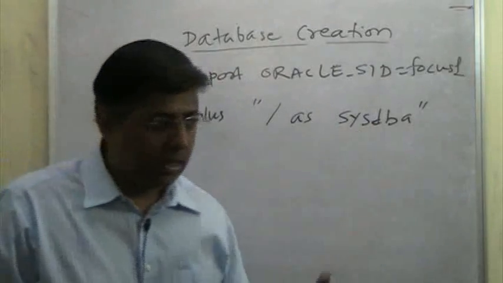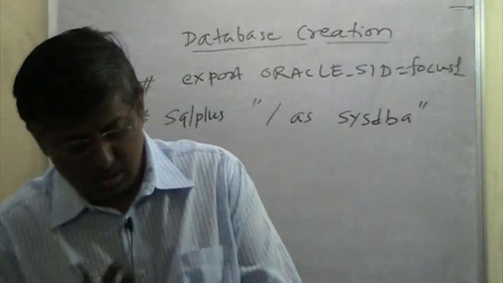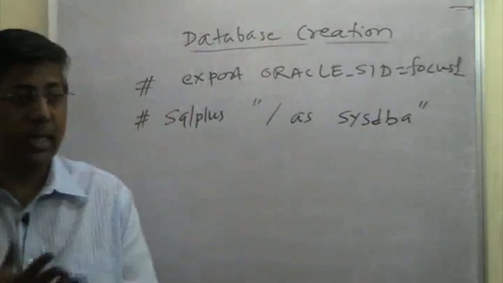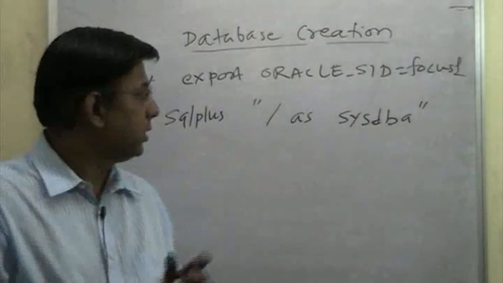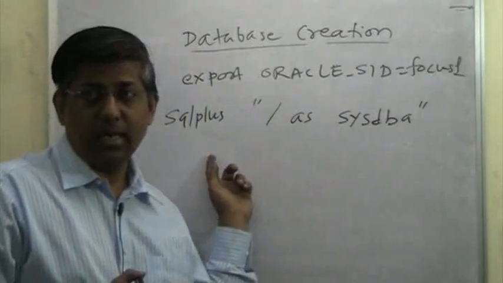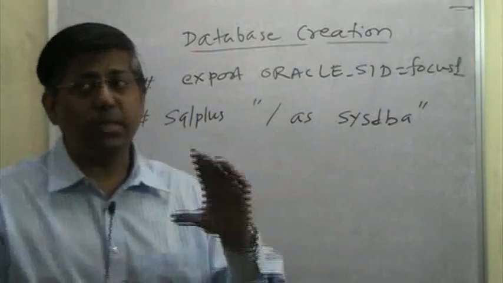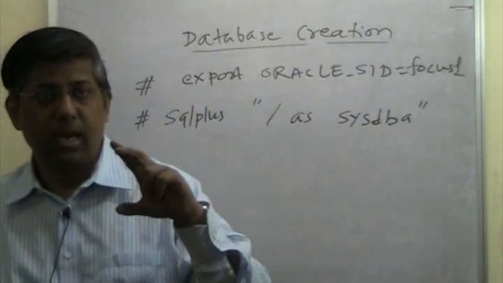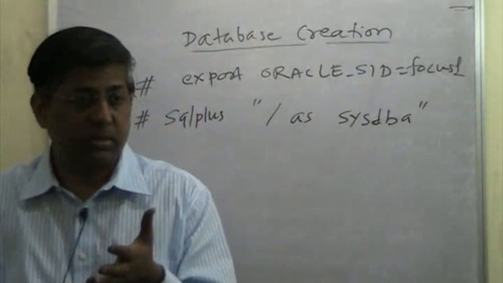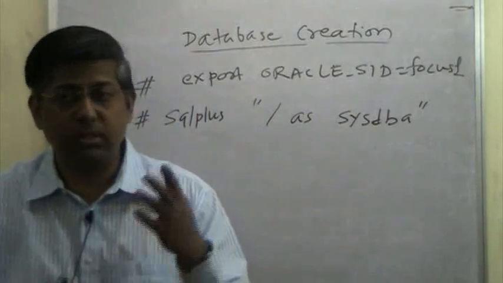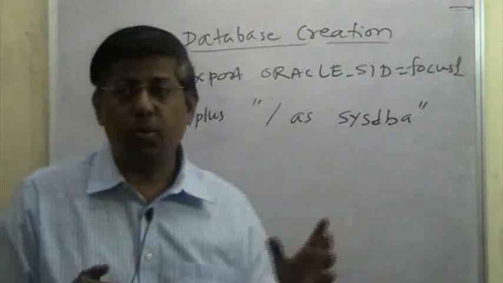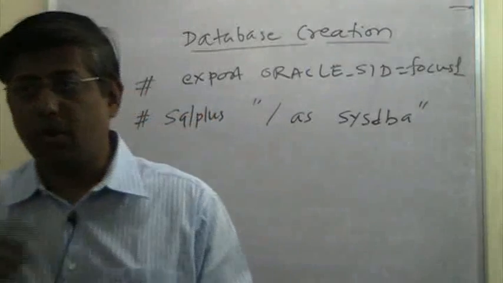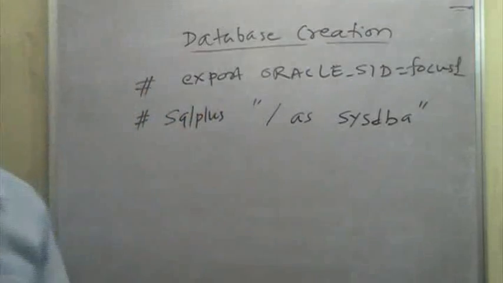We have seen in our user security discussion that there is a user whose name is sys, and if you want to log in as user sys, you must type the command like this, and that user is the only one who can execute certain privileged commands, and those are create database, drop database, startup database, and shutdown database. These are the 4 commands at least, along with so many other commands, those are executed only by that user sys. And to log in as that user sys, you have to type something like this.